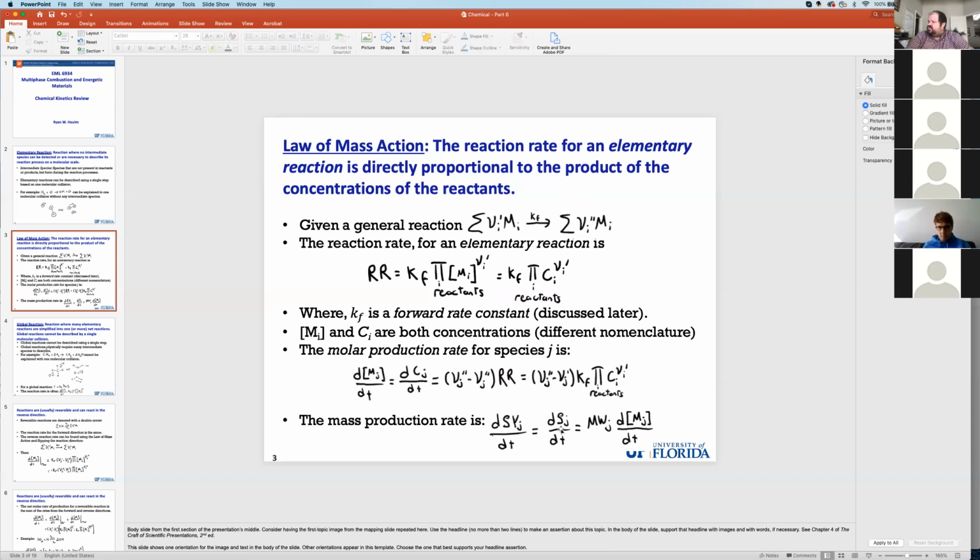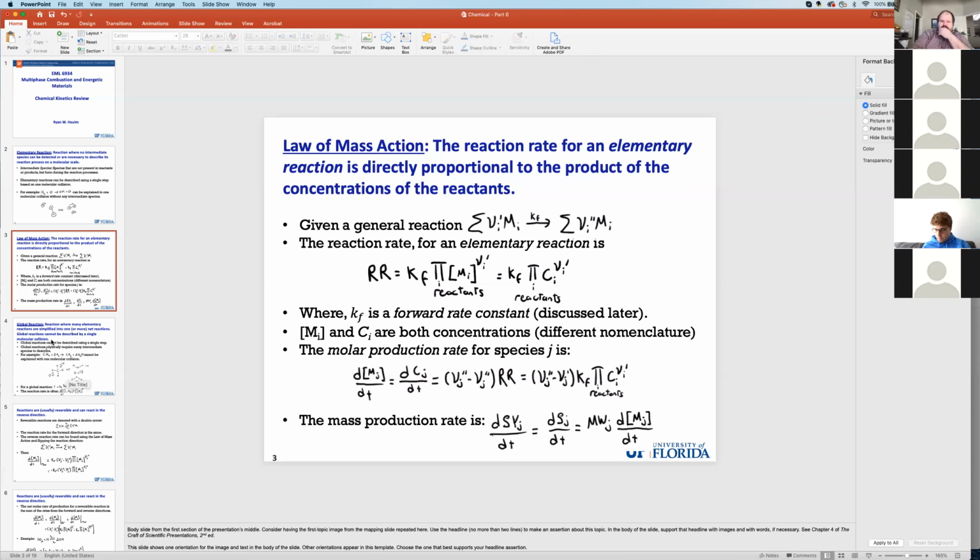To compute them, you just take the concentration of species J and multiply it by the molecular weight of species J. So you can find the time rate change of concentration or the time rate change of species mass by just multiplying by a constant. Are there any questions here?